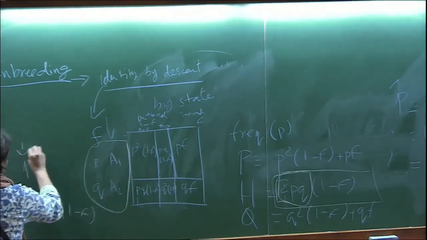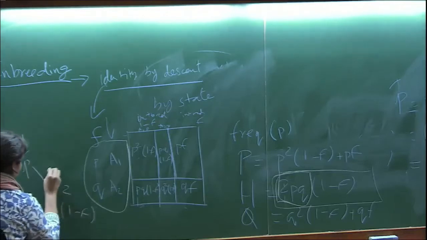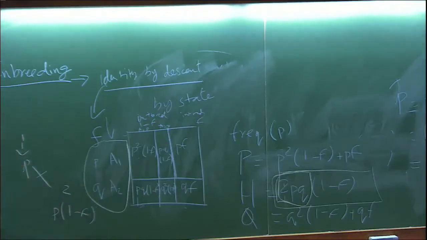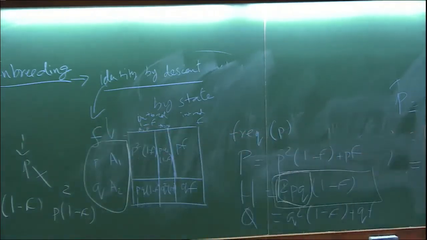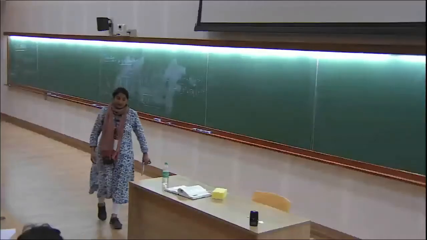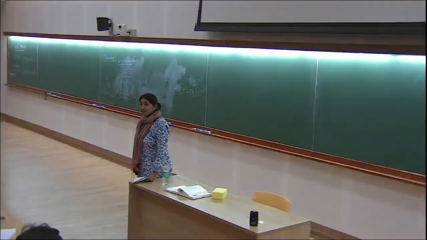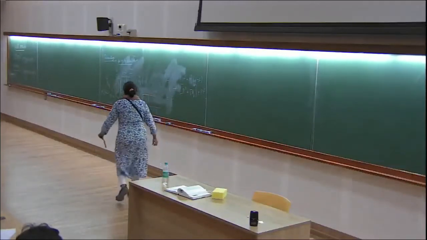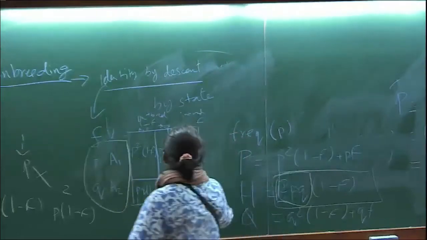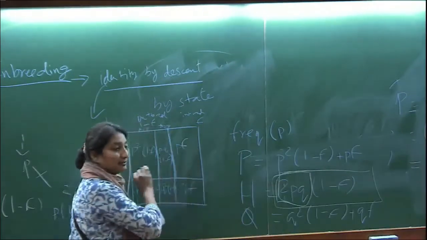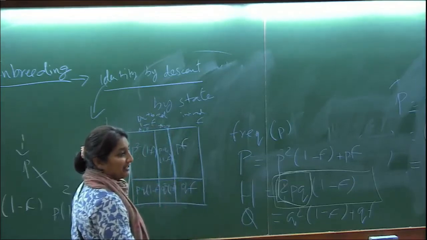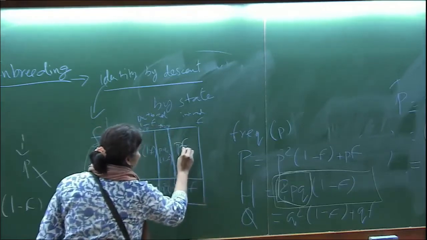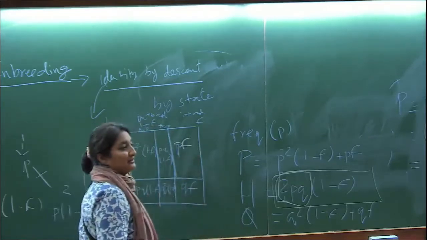So this is the first allele, this is the second allele. To get them both, I multiply. So p square into 1 minus f. P into 1 minus f. I think it will be p square f in the third entry. No, because already you have p. The proportion which are inbred is f.